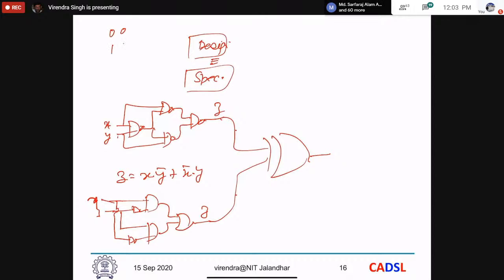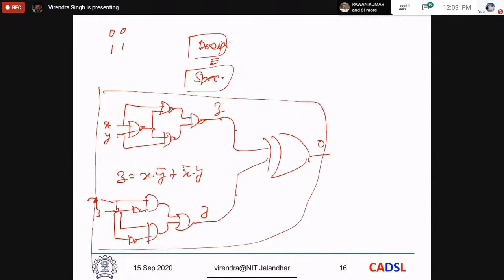There is no possibility of getting 0 1 or 1 0, right? And therefore the output of this must always be 0. Now if I write a SAT expression for this complete circuit, I want to find out whether there is any possibility wherein I can get f equal to 1.